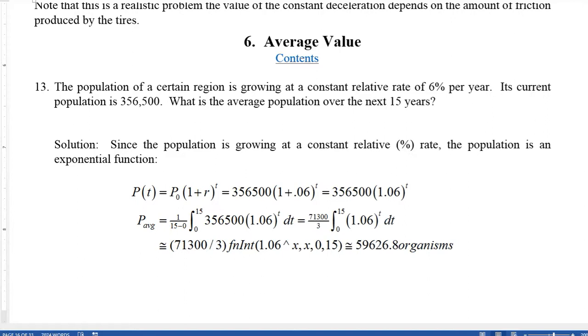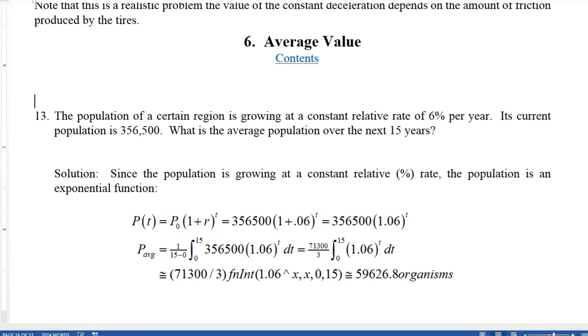Well, we've seen in an earlier video that the average value is found by taking the integral of the function over that interval and dividing by the width of that interval. Let me just put a recall here.